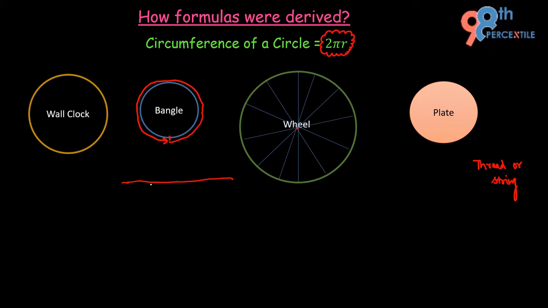Now see, what will be the length of this thread? Wouldn't it be just the circumference of this bangle? Because what is circumference? Circumference is perimeter or boundary. In case of a circle, we call the perimeter or boundary of a circle the circumference.